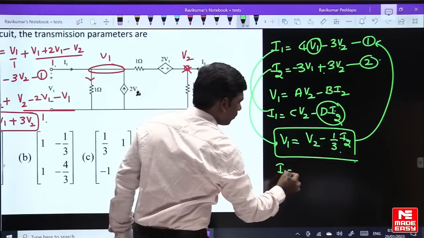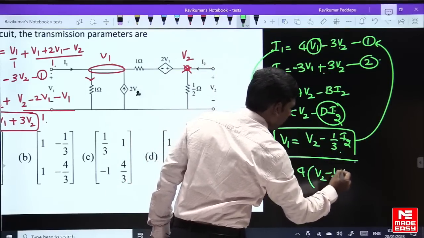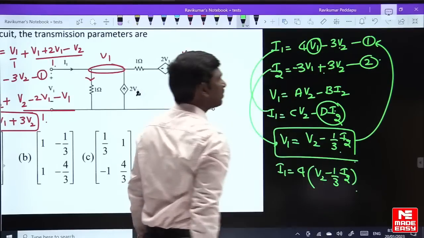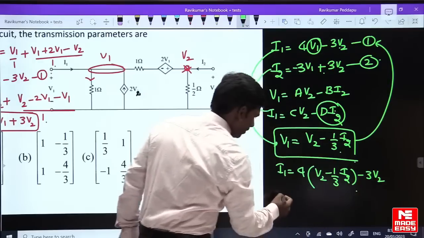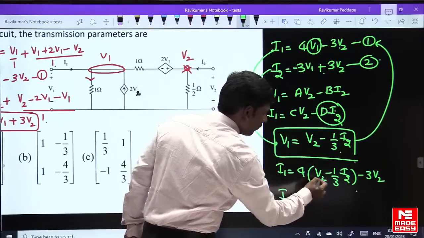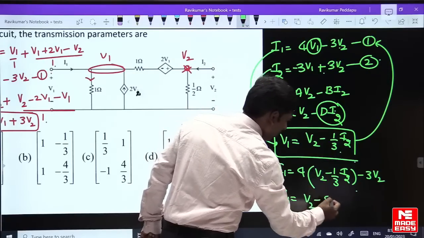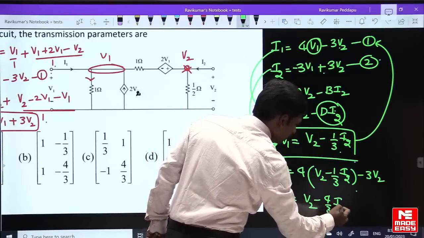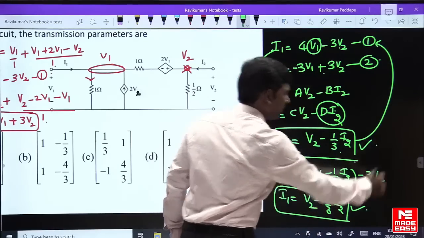I1 is equal to 4 into V1, which is V2 minus 1 by 3 I2, minus 3V2. So I1 is equal to 4V2 minus 3V2, that is V2 minus 4 by 3 I2. Done, the I1 equation has come, the V1 equation has come.